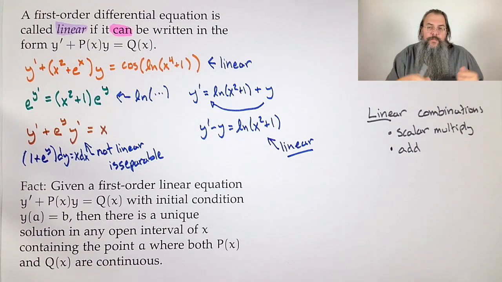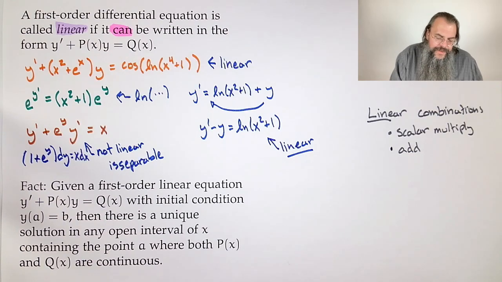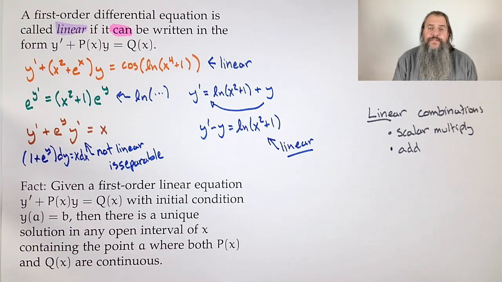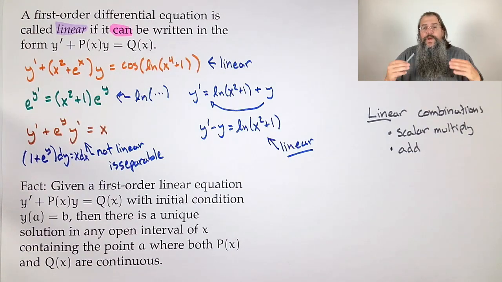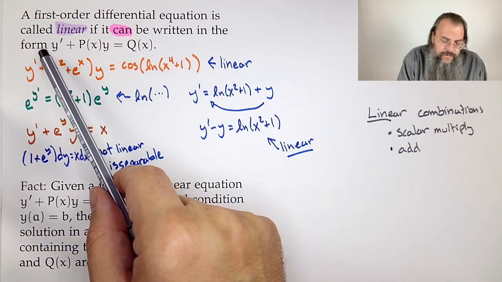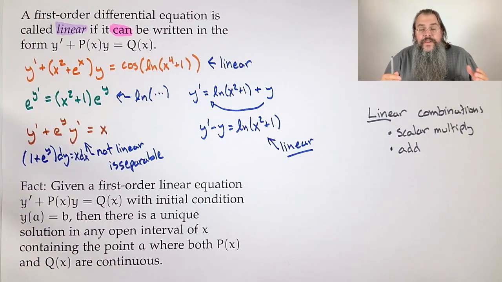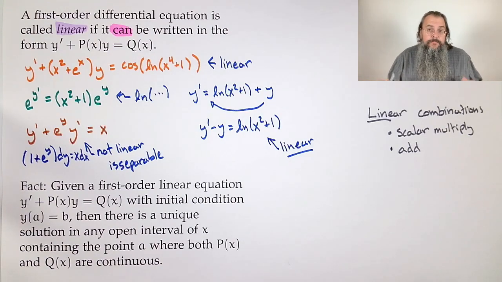I respect multiplying by a number. Now you might say, well, wait, these don't look like numbers. These look like functions here, right? These p of x's and q of x's. And we consider the numbers from the perspective of our dependent variable y. So from the perspective of y, you have y prime and y, and these are combined together in nice ways. Namely, we're allowed to scale those values, and we're allowed to add. And great, so that's what we can do.